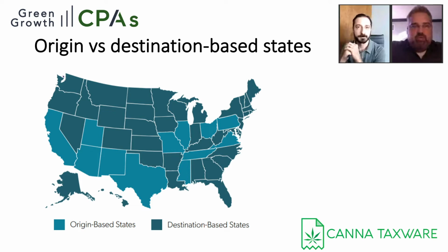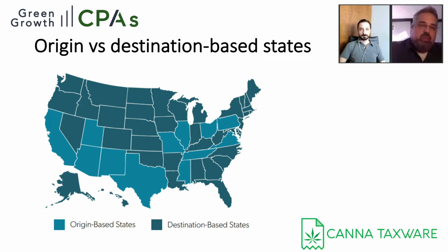Now, first and foremost, one of the big things that comes out of the gate is understanding what origin versus destination means. Some states have elected the way they wish to charge sales tax, and we covered the fundamentals of sales tax in our last conversation. Some states say, we want to charge sales tax based off of where this product is coming from.